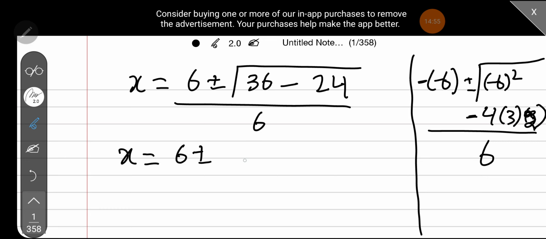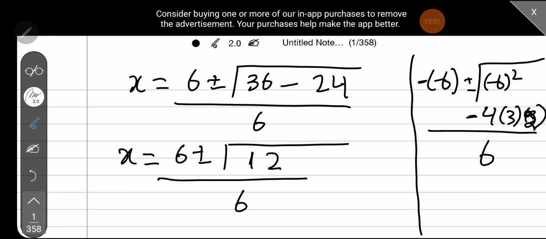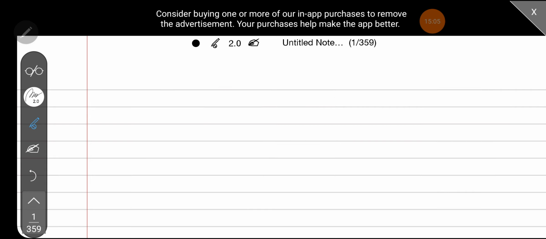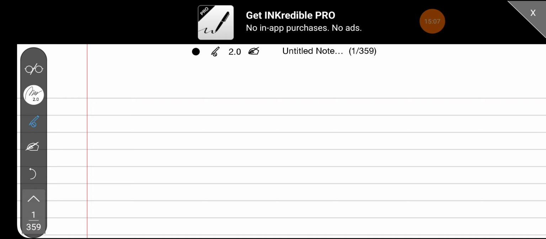Now which becomes 12 divided by 6. If we split this equation, x is 6.